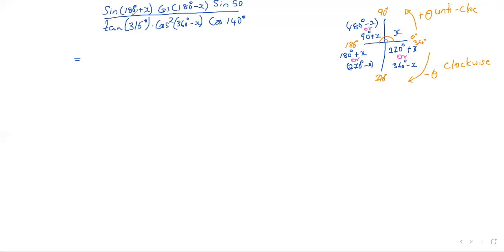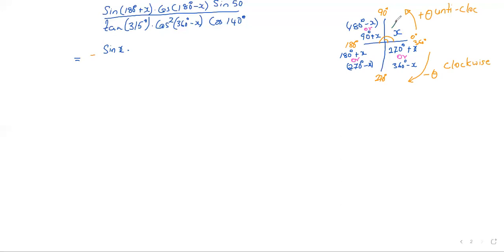So sine of 180 plus x is in this quadrant. Sine will be negative there, so we have negative the sine of x. Cos of 180 minus x is in the second quadrant. This is the home of sine.